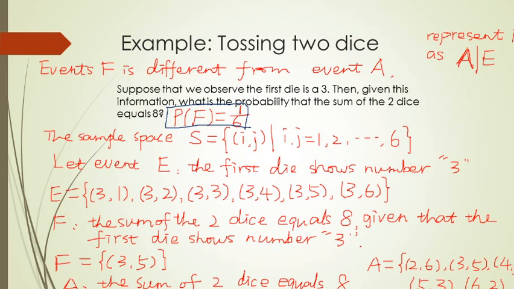Okay, so the probability for event F can be taken as the probability, when event E occurs, or under the condition that event E occurs, the conditional probability of event A. So that means, how can we read this one?